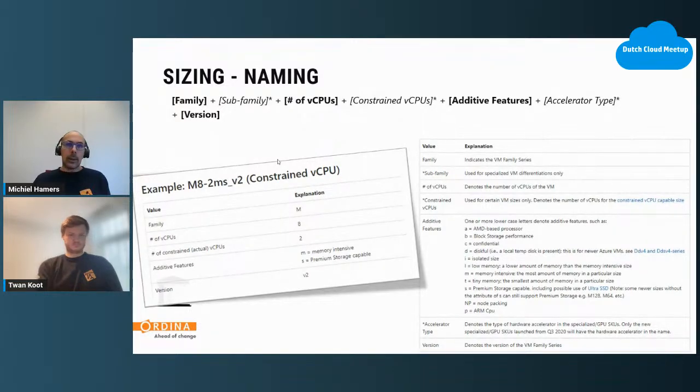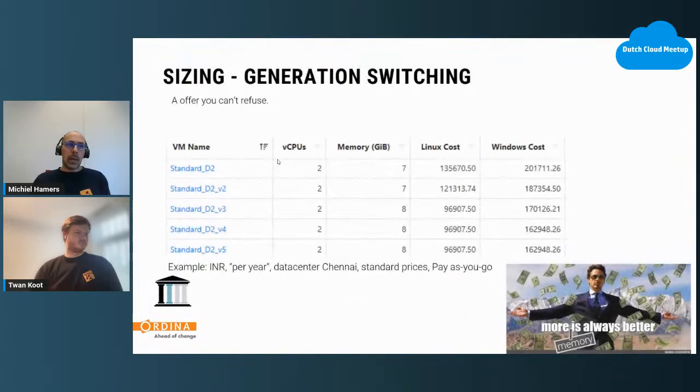And then we have maybe the most important one, generation switching. Sometimes Microsoft says, okay, we have a standard D2, and after a year we have a version 2, and after another year we have version 3, and after another year we have version 5.